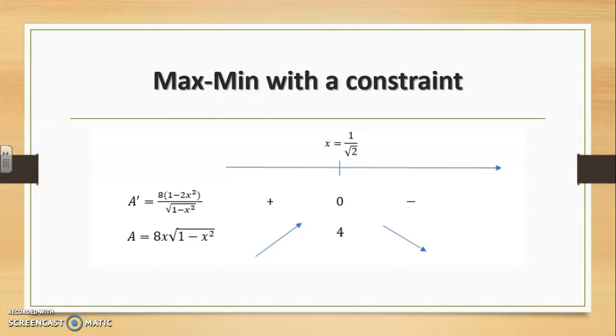Just like usual, as if we were graphing, we have highlighted the fact that 1 over root of 2 is an x value that creates a stationary point. And I've used test values left and right of this stationary point to identify the signs of the derivative of the area. As we can see from the table of variations, we can now confirm that an absolute max occurs when x is 1 over root of 2.